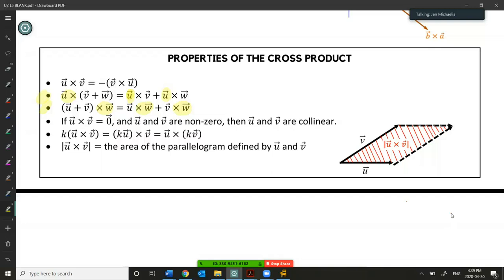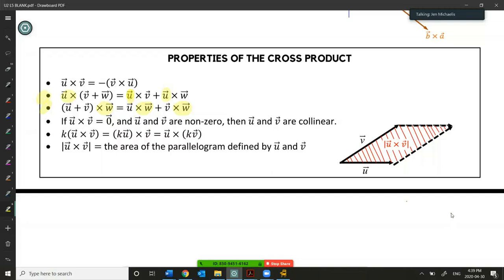Another thing that we can do is multiply the cross product by a scalar, and we can do this in any order as long as the order of the cross product stays the same. So I can do the cross product first and then multiply the scalar in. I can multiply the scalar by either one of the vectors so long as u and v remain in their same locations when I do the cross product itself.